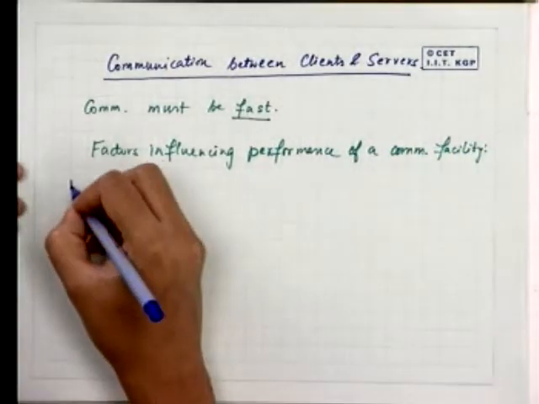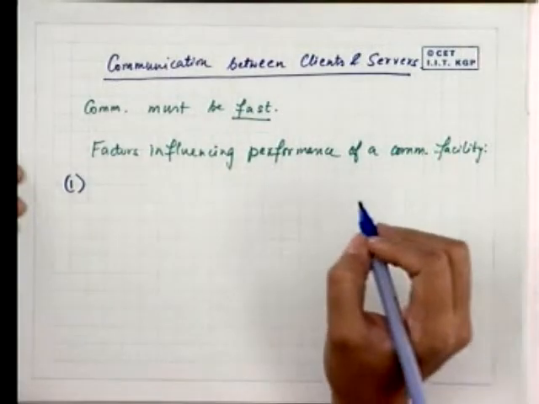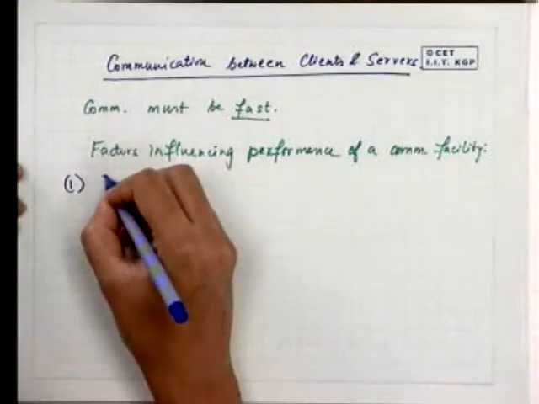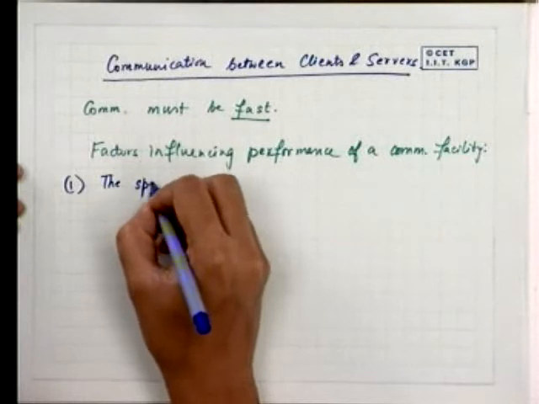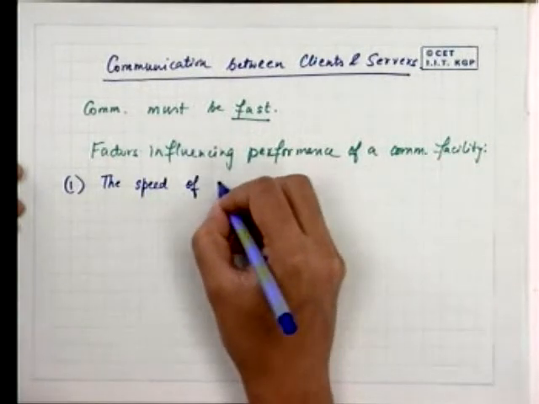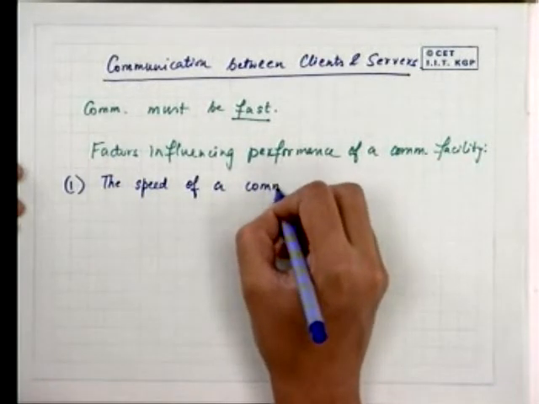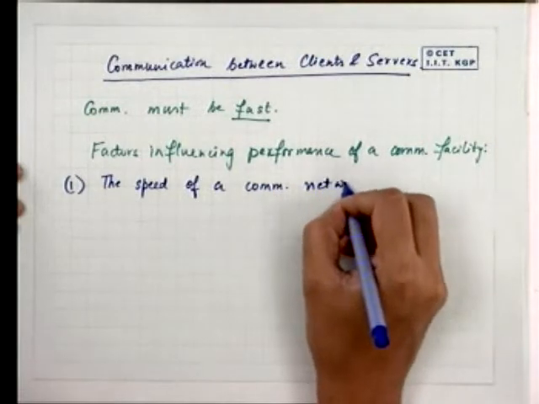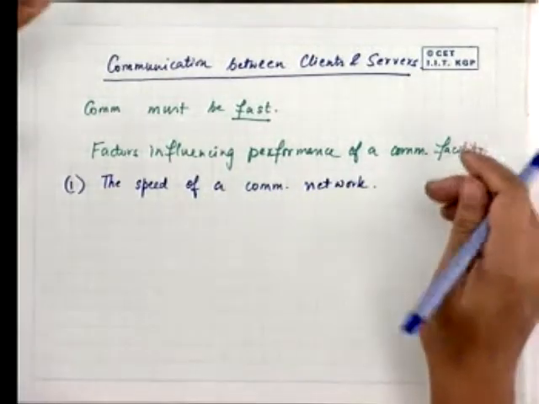Firstly, the speed of a communication network. The speed of the communication network is very important. The communication network may have speed of the order of megabytes per second, or even the very fast networks today have the speed of the order of gigabytes per second.